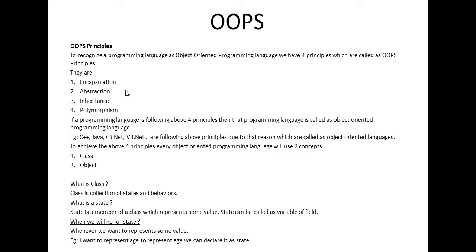Here we can see object oriented programming system principles. What are the principles? To recognize a programming language as an object oriented programming language, we have four principles, which are called OOPS, object oriented programming system.